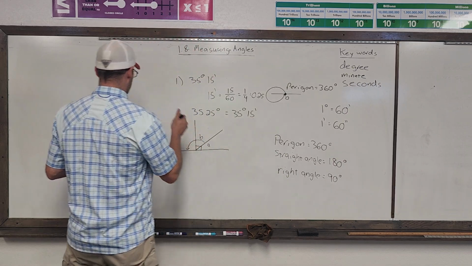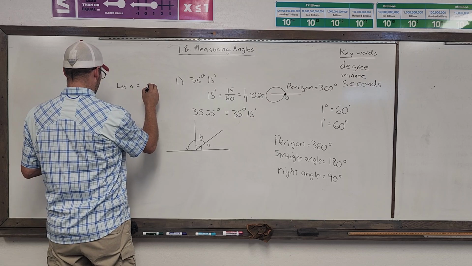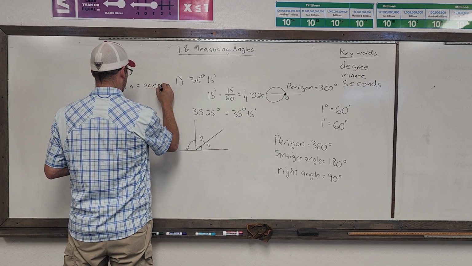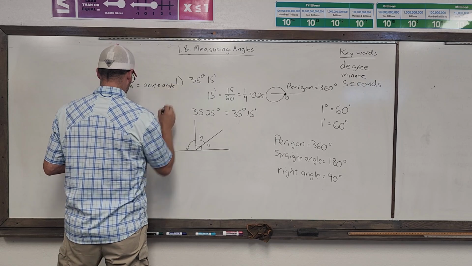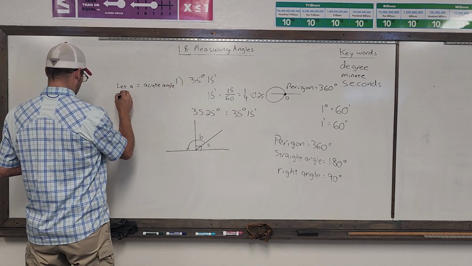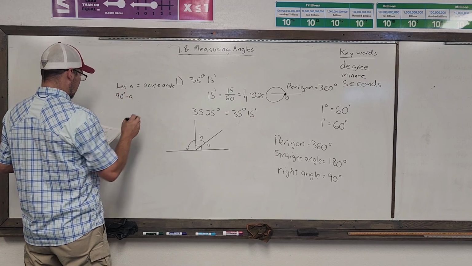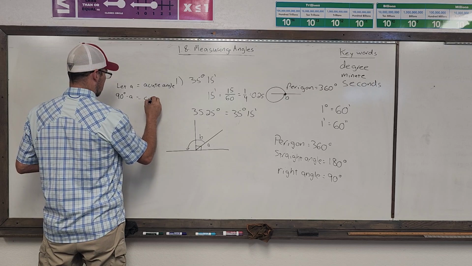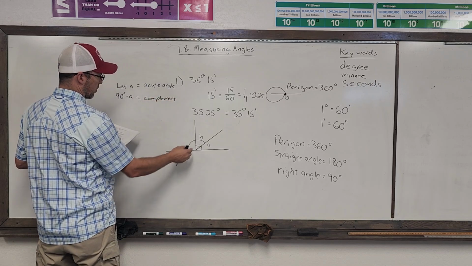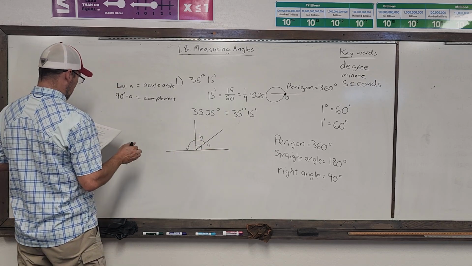So we're going to say let A equal the acute angle. So the difference of 90 degrees minus A is going to be the complement. Right? The complement is the difference between A and the right angle.